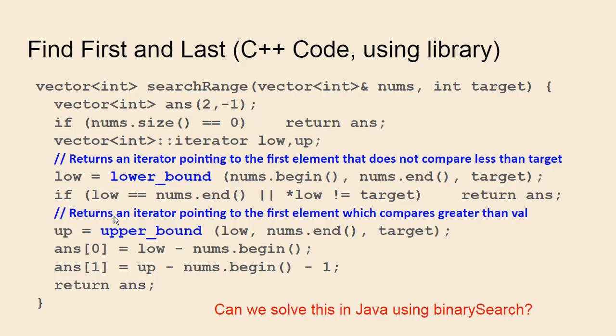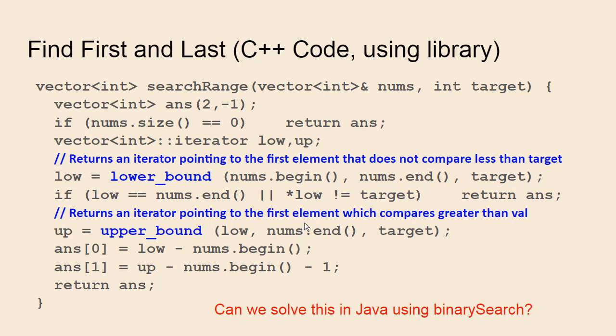This function will return an iterator pointing to the first element that is greater than val. The signature of the method is similar to lower bound. We pass in two iterators, but in this case, instead of starting from the beginning, we can start with low. Passing in beginning will also be correct, this will just be slightly more efficient.